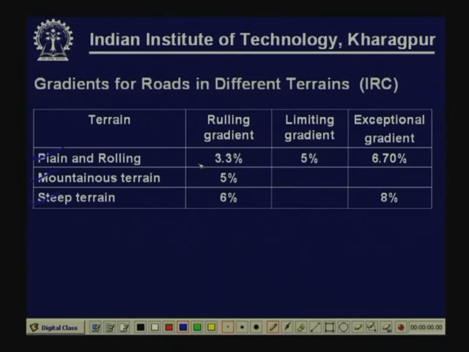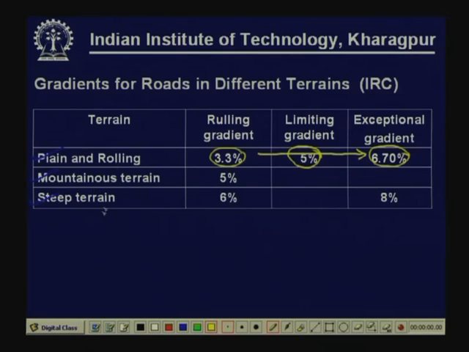Obviously, ruling to limiting to exceptional values will gradually become higher. Say for example, for plain terrain, ruling gradient is 3.3%, limiting gradient is 5%, exceptional gradient is 6.7%. So, 5% is higher than 3.3, again 6.7 is higher than 5%.